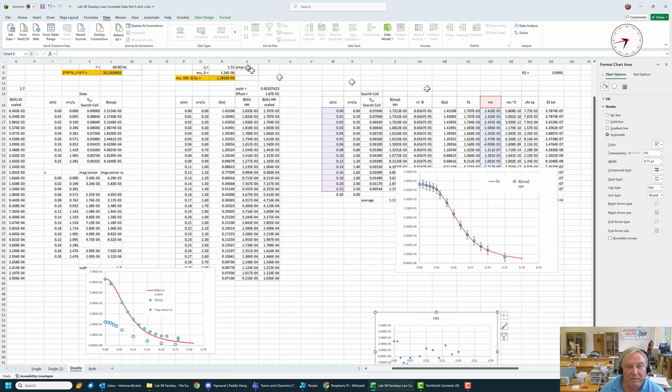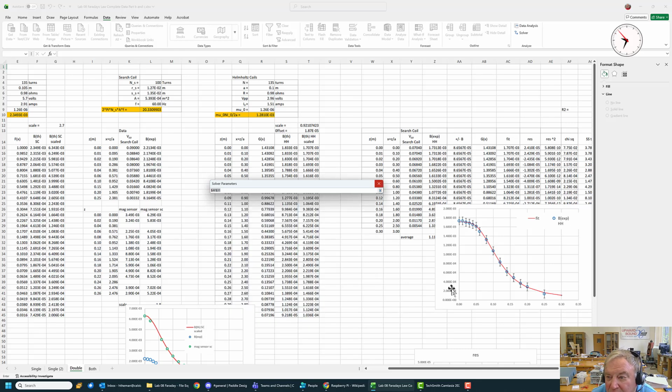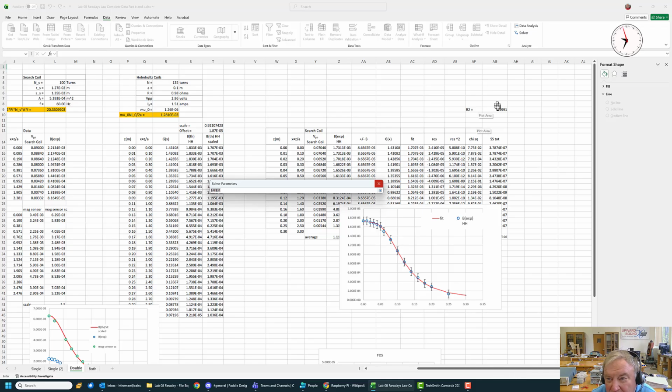So, let's see if this thing... where are the fit parameter tables? There's the sum of the residual squared. Oh no, that's not it. AF31.